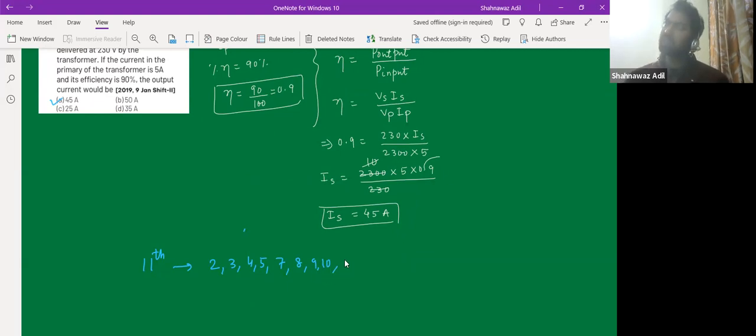Then waves and oscillation. And from 12th, first book, 1 to 7.